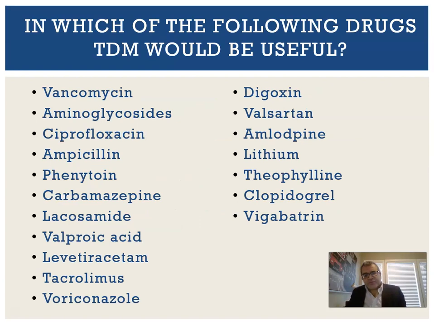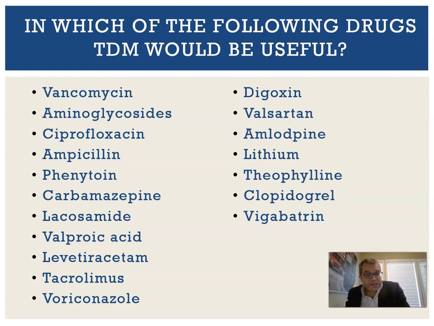Okay, so let's go over one by one. Vancomycin. Vancomycin trough level is a good surrogate for AUC above minimum inhibitory concentration. It's a time-dependent killer and has wide interpatient variability, so TDM could be useful.